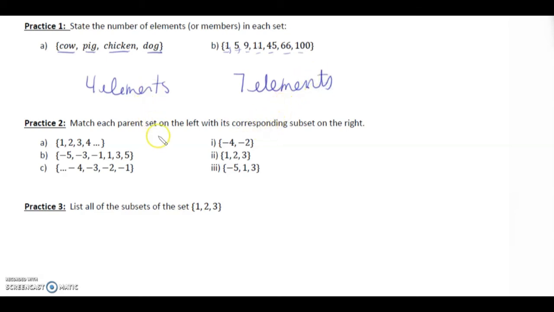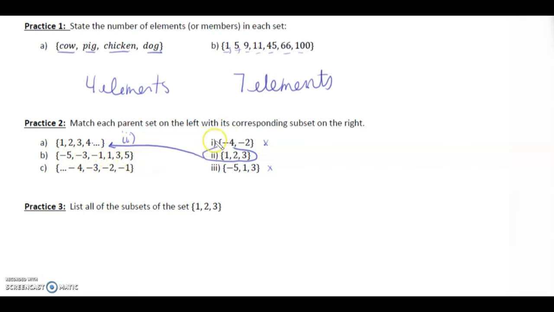Okay, practice 2. Match each parent set on the left with its corresponding subset on the right. So if the full set is 1, 2, 3, 4, well, we can't have negatives in that. So the subset of this will be 2. So number 2, Roman numeral. Okay, B, -5, -3, -1, 1, 3, 5.